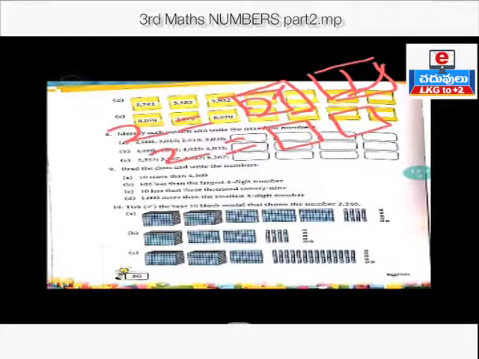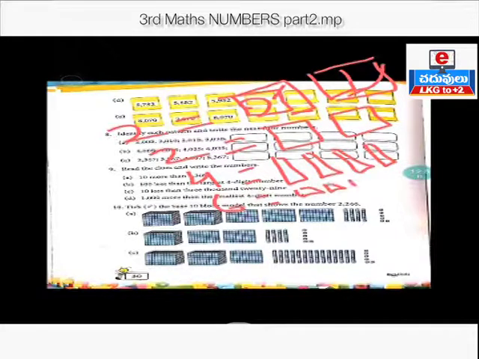And next, 46 means the next number is 4, no? 4 means how many rods? 4 rods. These are rods, no? Next 6 units means this is 6 units, no?